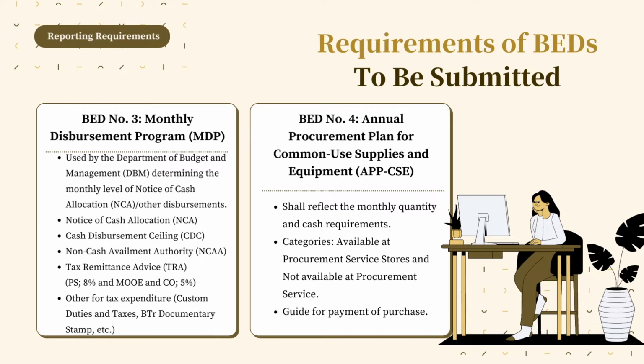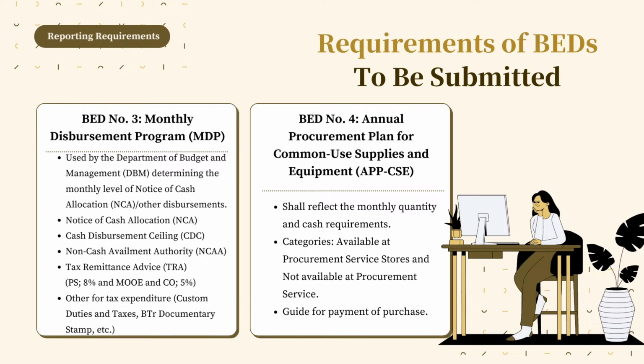And lastly is the BED number 4 or the Annual Procurement Plan for Common Use Supplies and Equipment or the APP-CSE. So this shall serve as both the work and financial plan for the procurement of common use supplies and equipment. So the department or agencies or operating units shall consider the APP-CSE as the agency procurement request for the purpose of ordering said items.